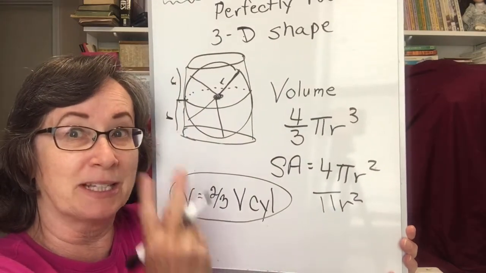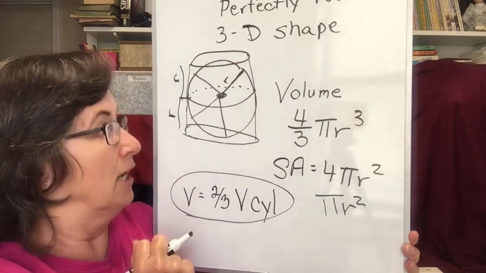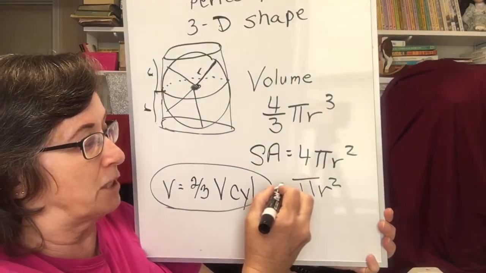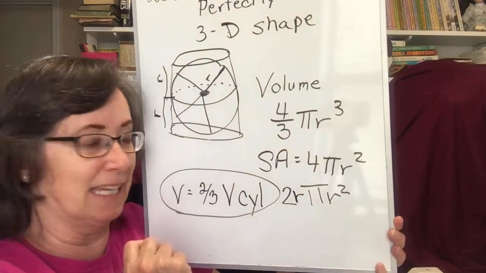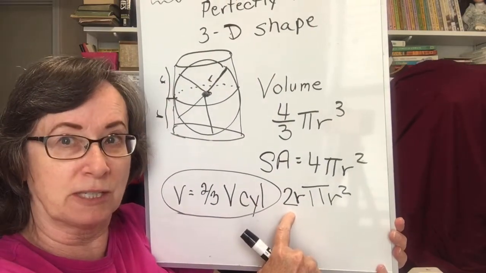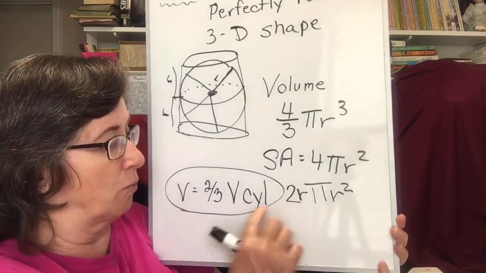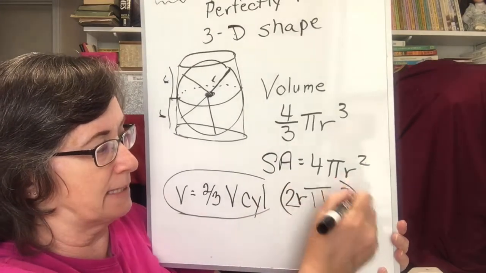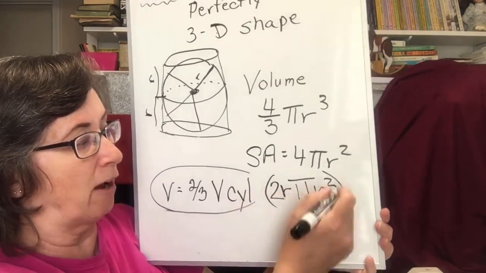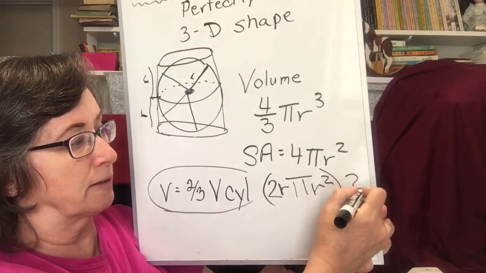The diameter is twice radius, isn't it? So that height is going to be 2r, and then we're going to take 2/3 of that. So we're going to take this, and we're going to multiply all of this by 2/3.